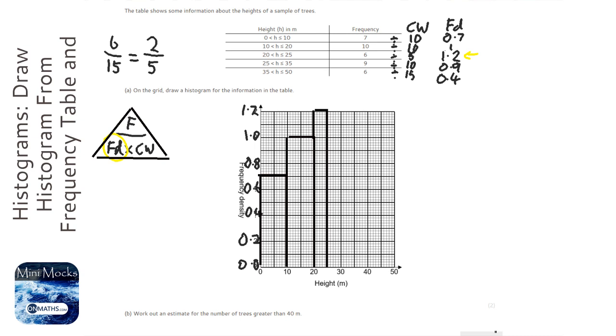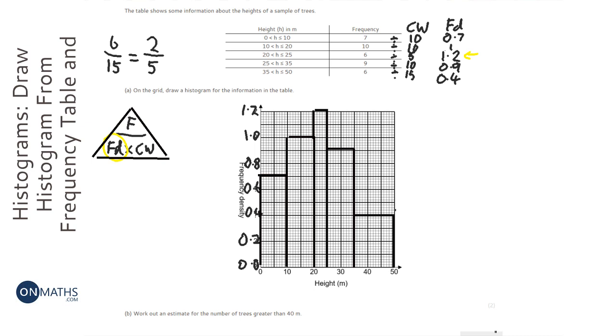And what's the next one? 25 to 35, and it's going to be 0.9. And the last one, 35 to 50, is 0.4. There we go, and that's our histogram. You probably will need to draw it a little bit more precisely than I've managed on this.